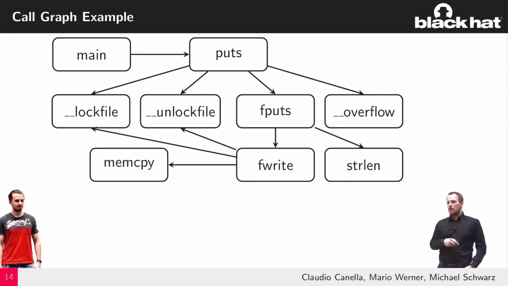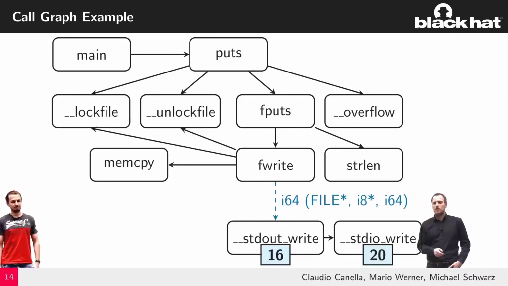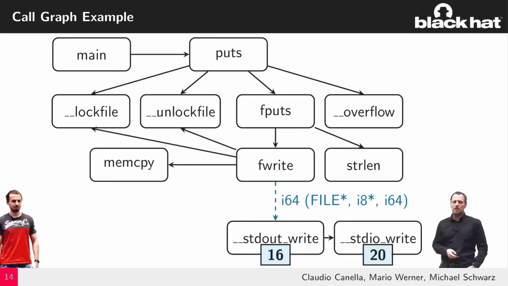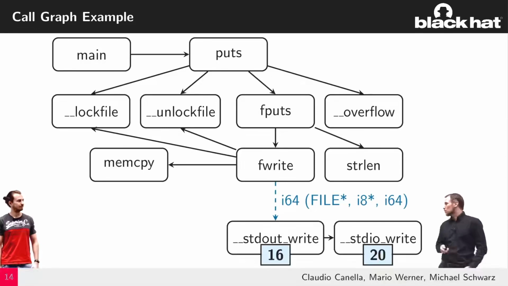And by collecting all the information which we have, we find that it has to call, in this case, standard out write. And in standard out write, we really have this syscall. So calling syscall 16 for an IO control and syscall 20 in the standard IO write is the write operation. All that is left then is to backpropagate this information up the call graph, and then we know what syscalls main uses.